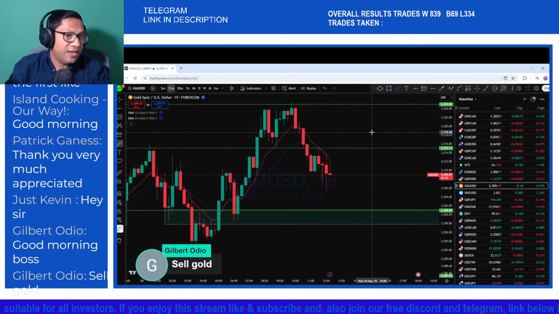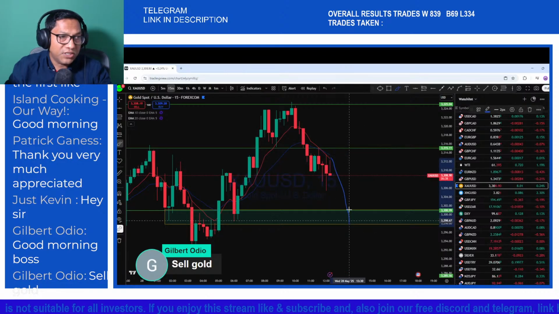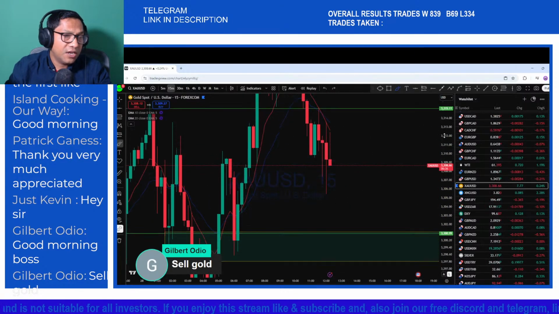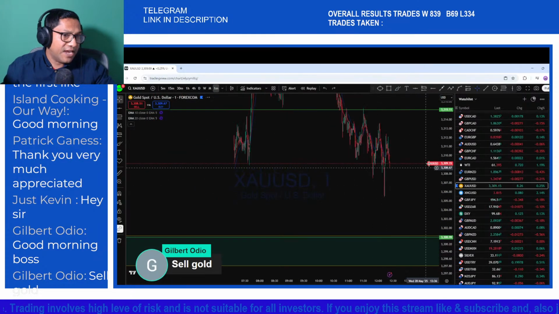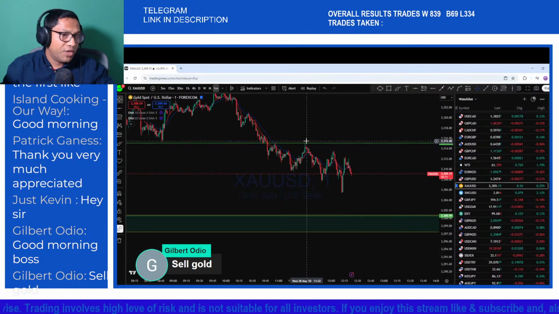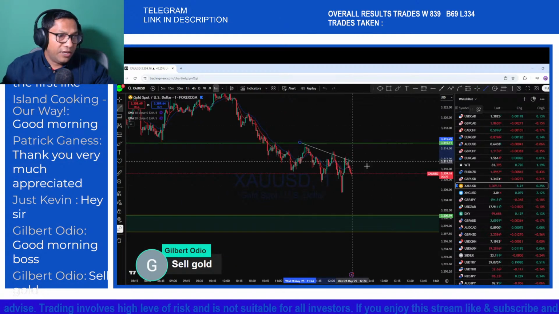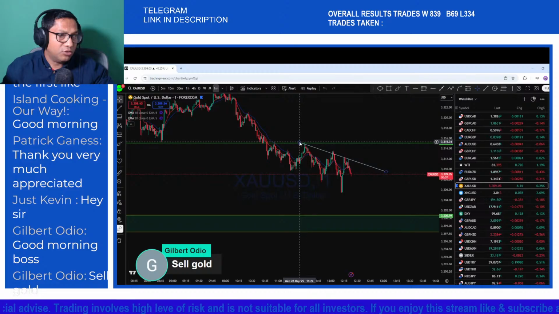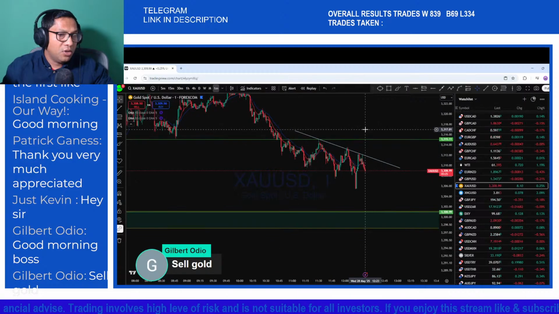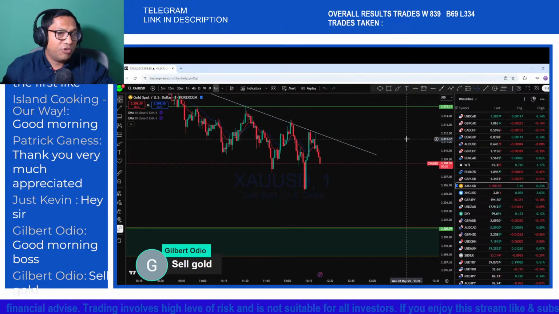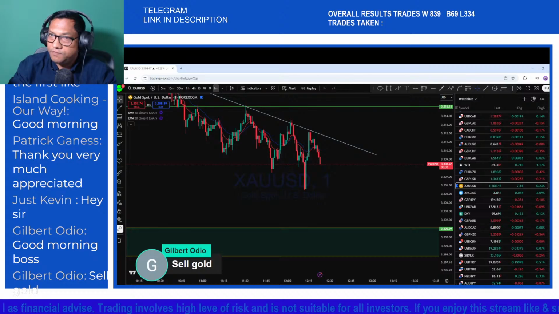Looking back at the 15 minutes, from this level the market is coming down to a potential pullback, and from that zone, if the price breaks the trend line to the upside, this is where we will be looking for entry in this market.